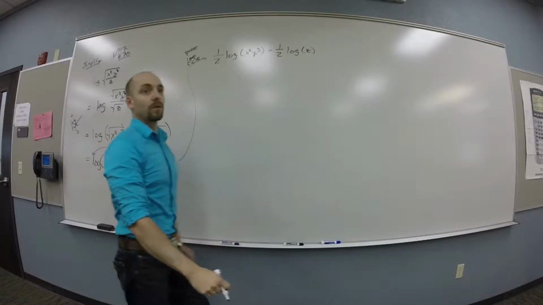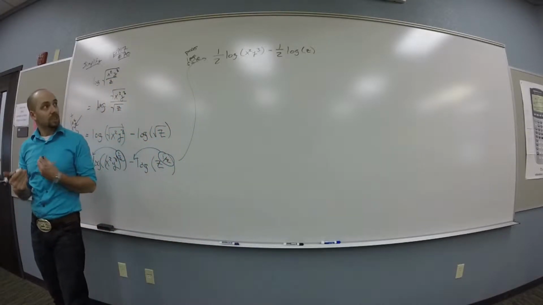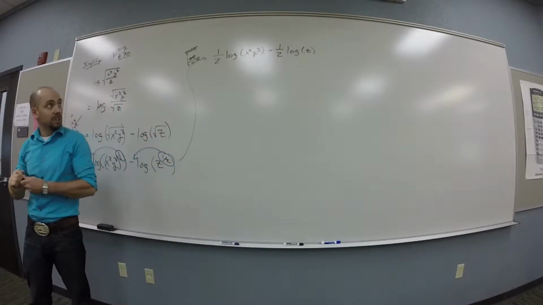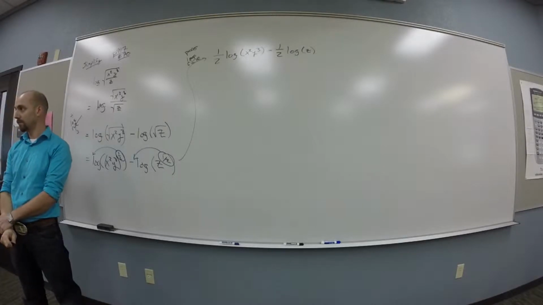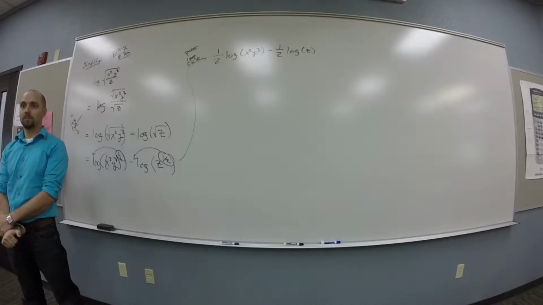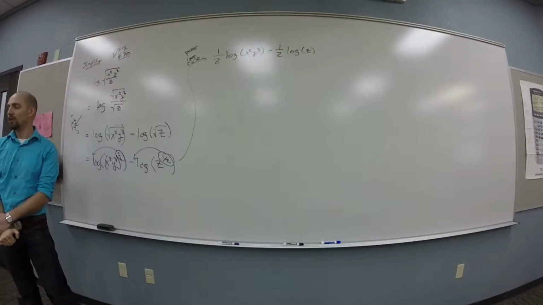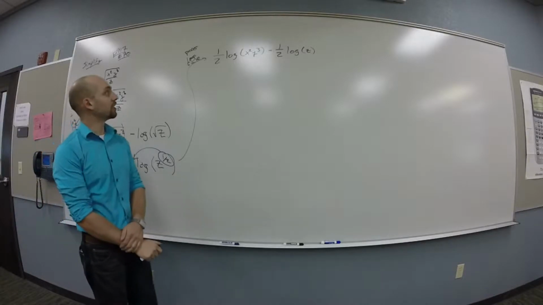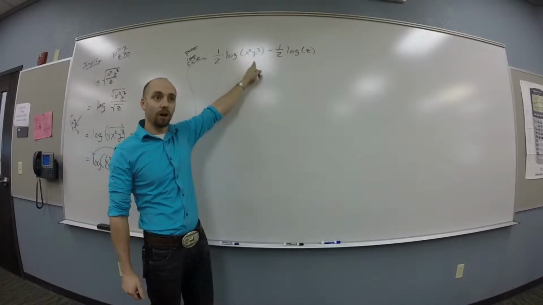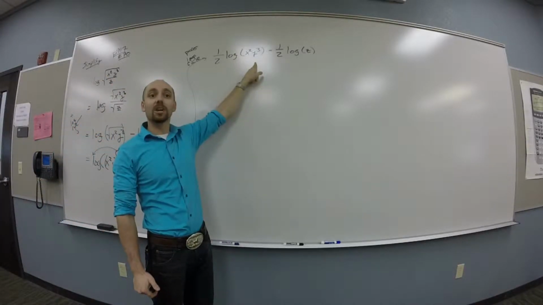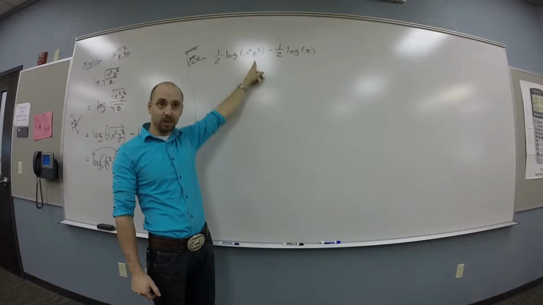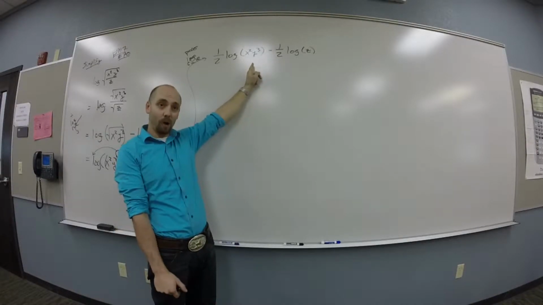Now, which pieces are as simple as they're going to get, and which pieces can I keep playing with? The log of z is as simple as it's going to get. The left side can have powers taken out. You guys are seeing that this log needs some combination of the multiplication log rule and the power log rule.